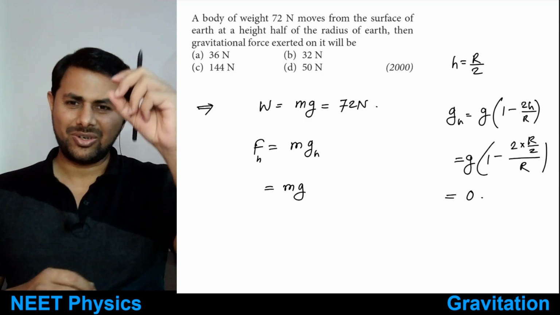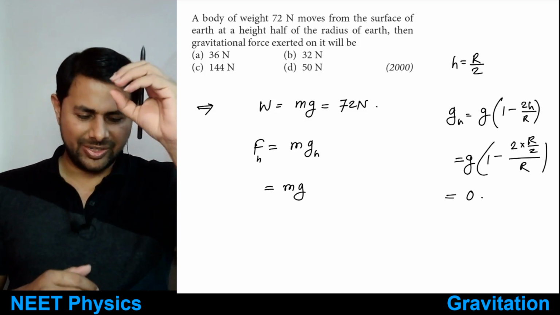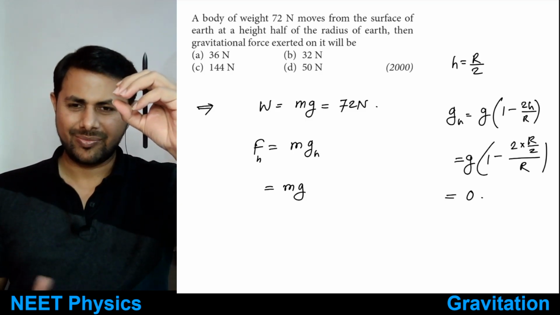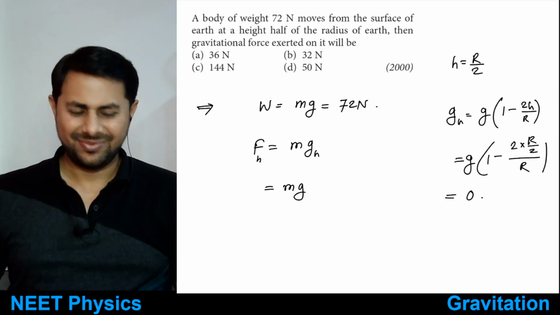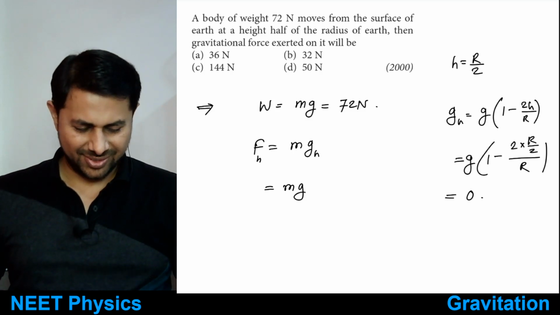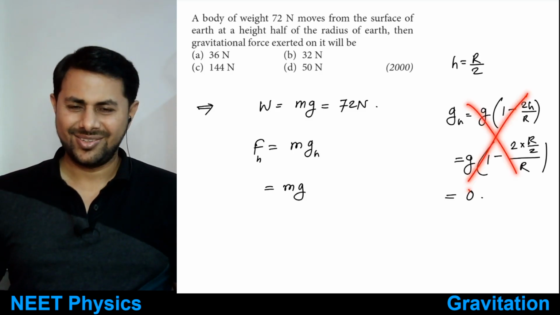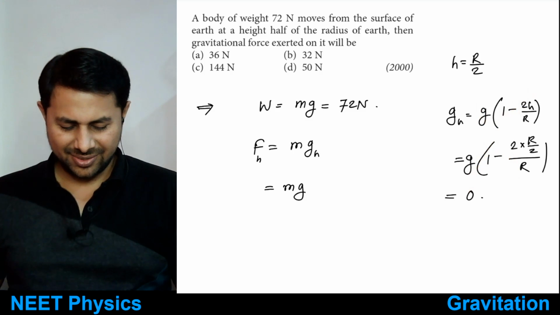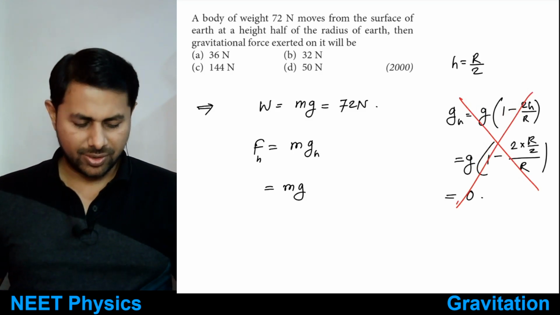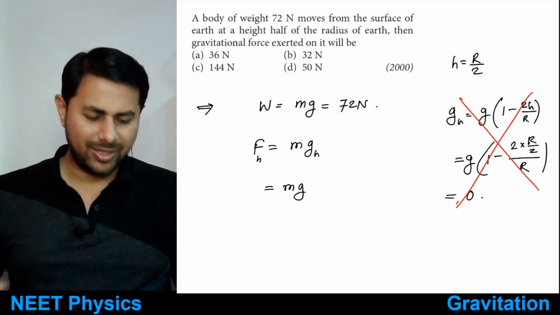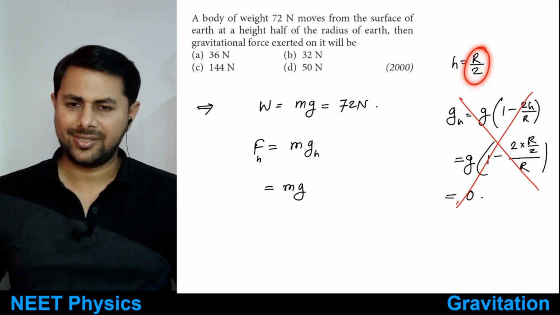It means if there is an object at a distance of R by 2 from Earth's surface, it will not be attracted by Earth, which is not at all correct, right? So this formula gives you a horribly wrong result for large heights like this.